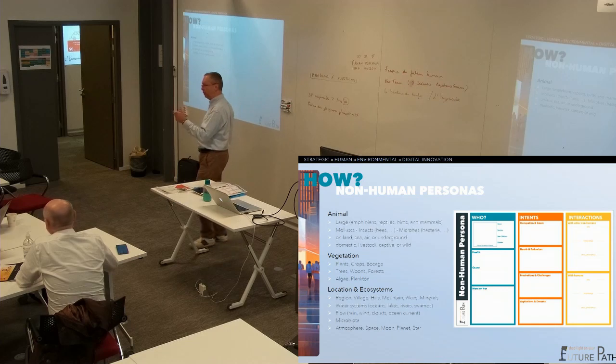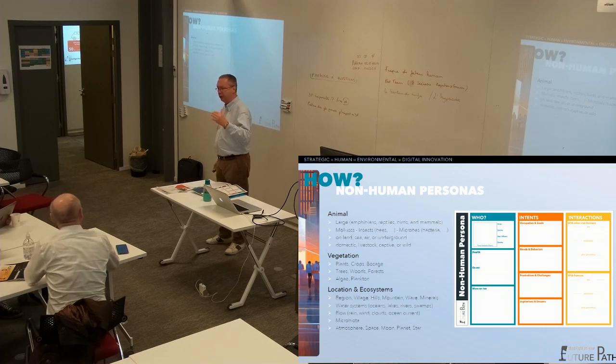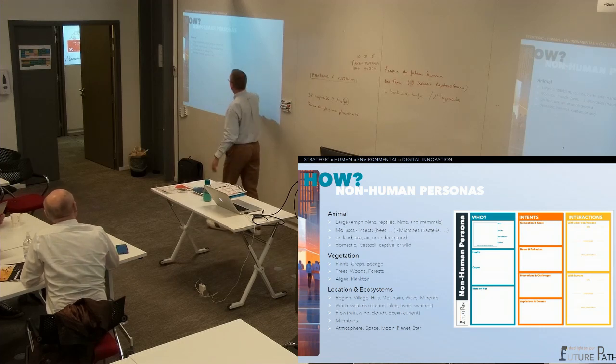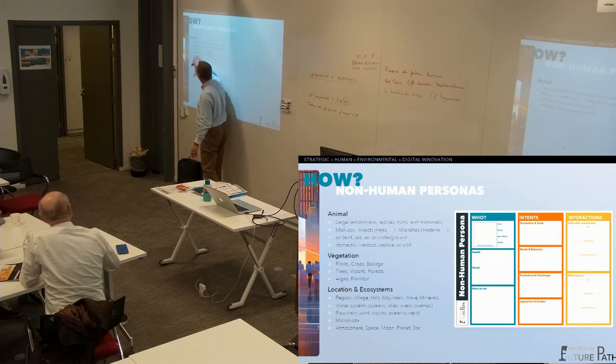Not all are interesting in your context, I'm perfectly sure. But maybe, depending on the project you work on, you find one that could be meaningful, and give it a try. Let's see. We have animals: large animals, domestic livestock, captive or wild.